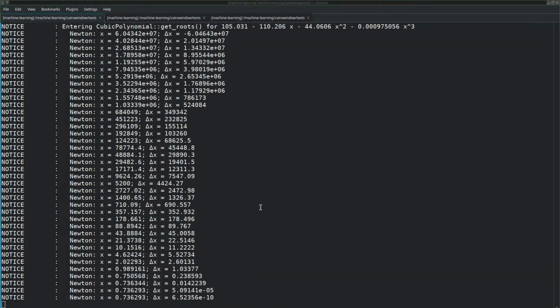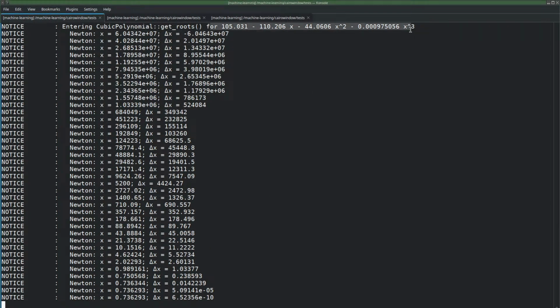So let me run this again for this one. So also here we see that it makes an incredible step to something very positive. Actually, that has a different starting value.